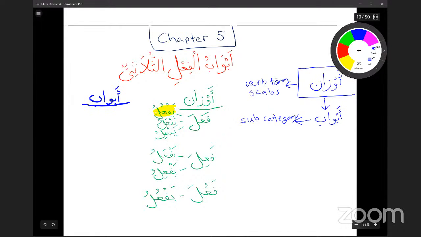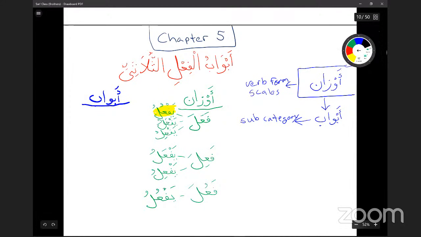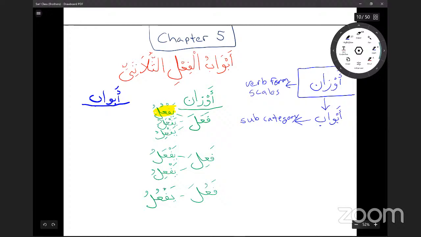So فعل يفعل is from the bab نصر ينصر. نصر ينصر.